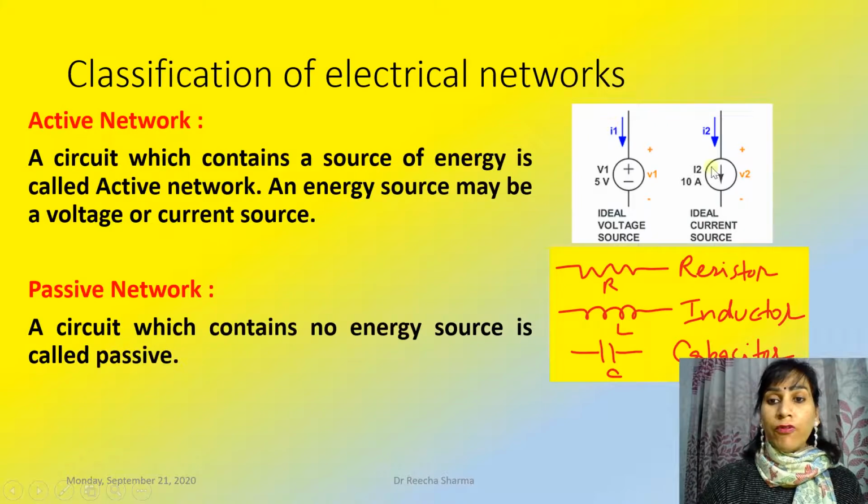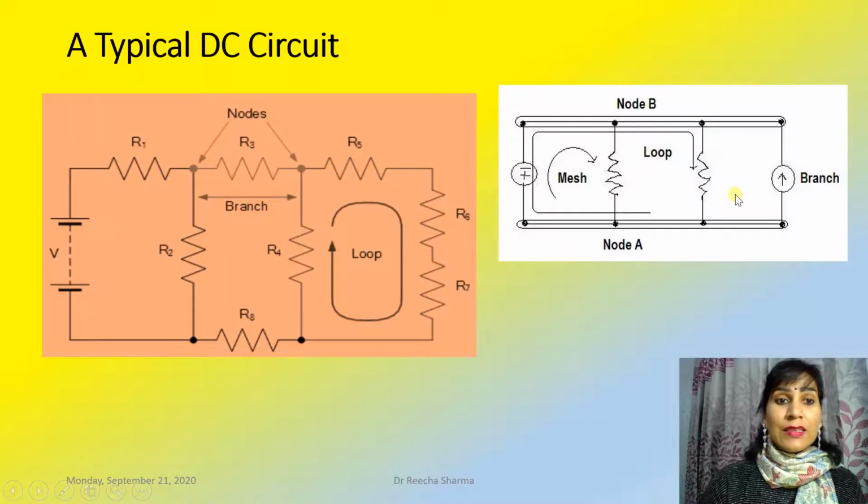As shown in the figure, we have the voltage source and the current source. An active network can have a voltage source or a current source. As in the previous diagram, in this we have the voltage source, so this is an active network. If this part is not a part of the circuit, the rest of the circuit is called a passive network.